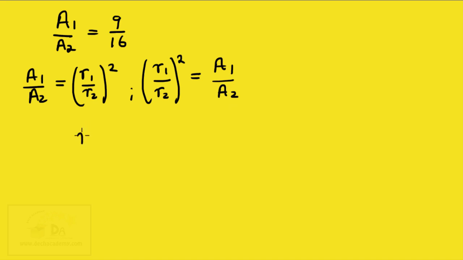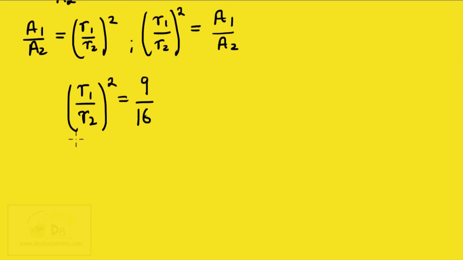And that means that the radius of circle 1 divided by the radius of circle 2 all squared is equal to 9 over 16. And that means that I can determine R1 over R2 by taking the square root of both sides of this equation. Taking the square root of the left hand side gives R1 divided by R2.